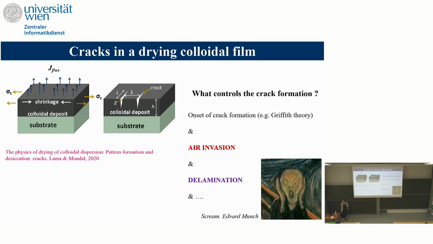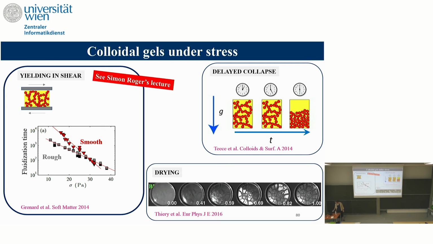So it's super complicated. The strategy we have, and I will show you in a minute, is to say that when you have interfaces, it's complicated. It's complicated from this experiment I showed you, but also, for instance, when you have a gel that collapses, how it interacts with the wall is important. That changes the time at which it collapses and the way it collapses.